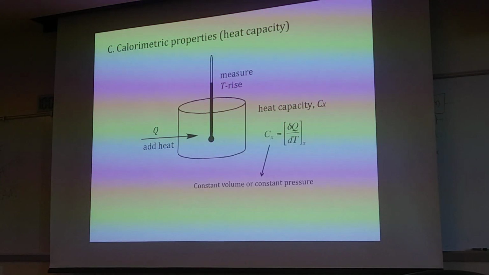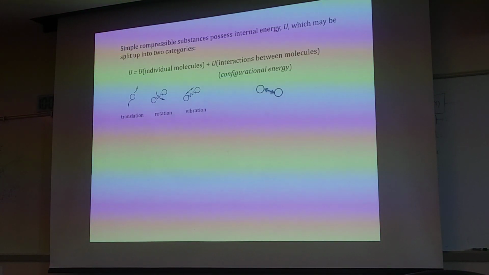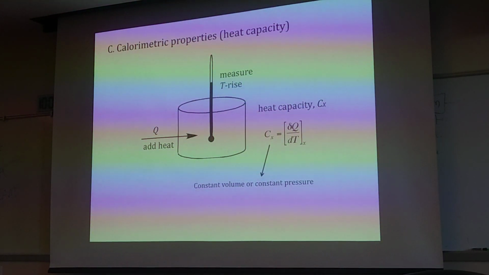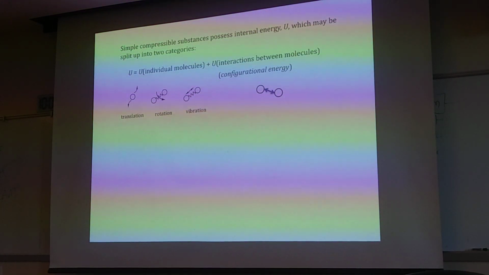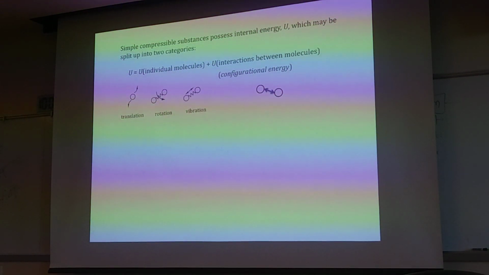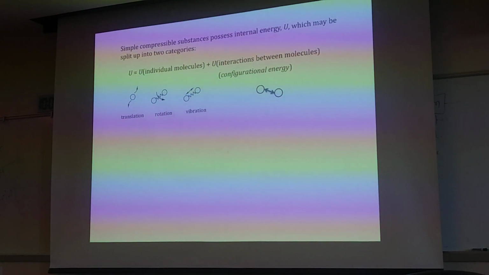So let's consider simple compressible substances. I don't want to jump too fast, but let's take a look at what this might consist of. Simple compressible substances have an internal energy which has as its components many things, and I gave you a diagram earlier in the course showing various ways that these materials can possess internal energy.